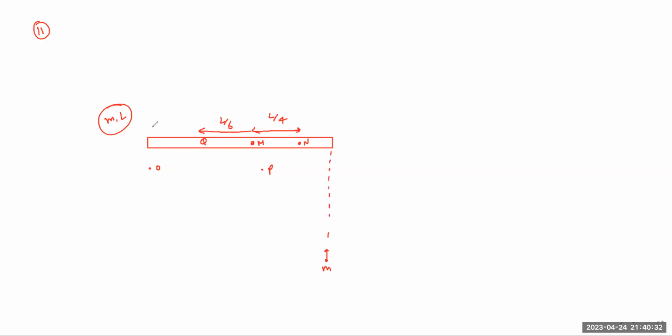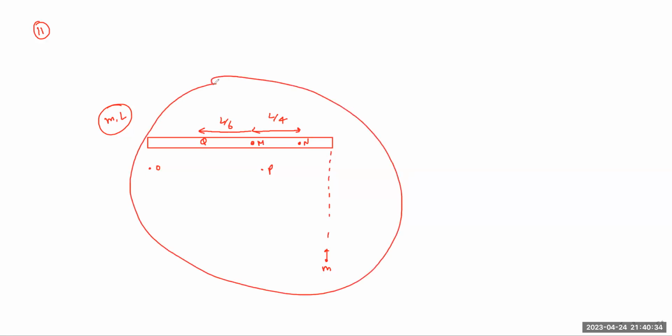So if you take this entire thing as the system, what is the external force? Zero. And because the external force is zero, the angular momentum is going to be conserved about every point, right? So the first answer will be all, isn't it?